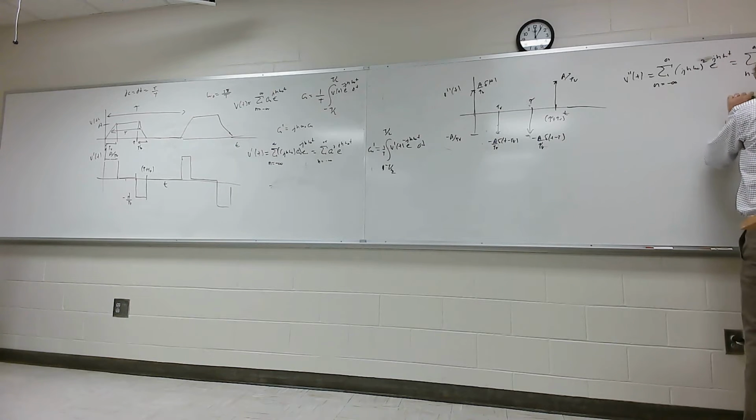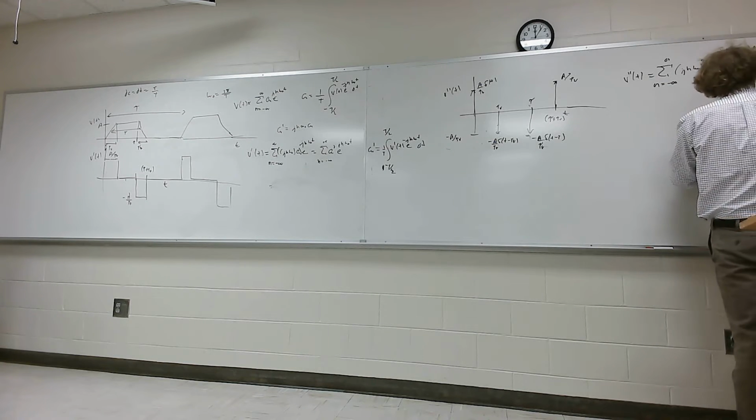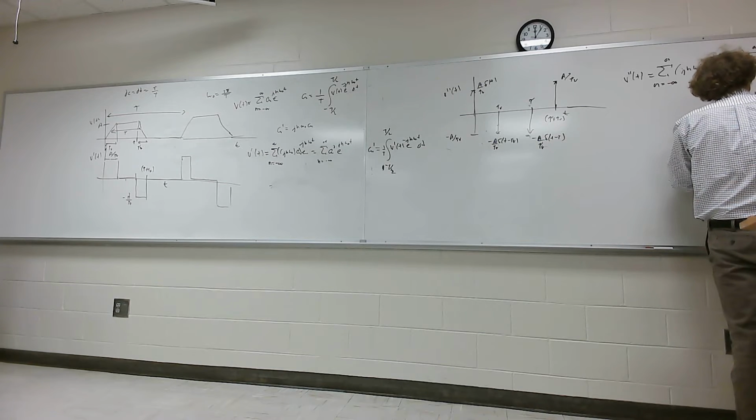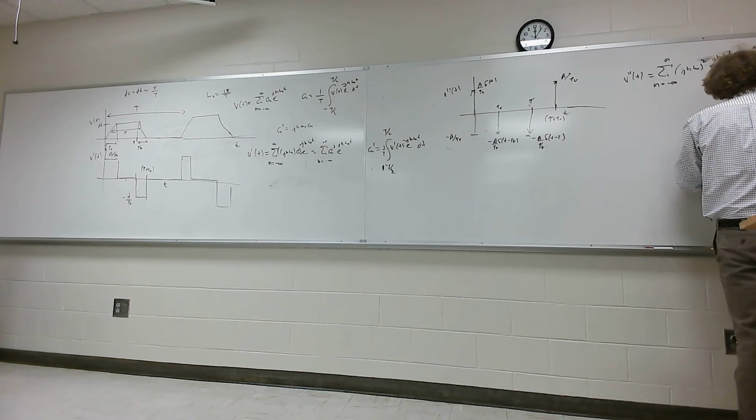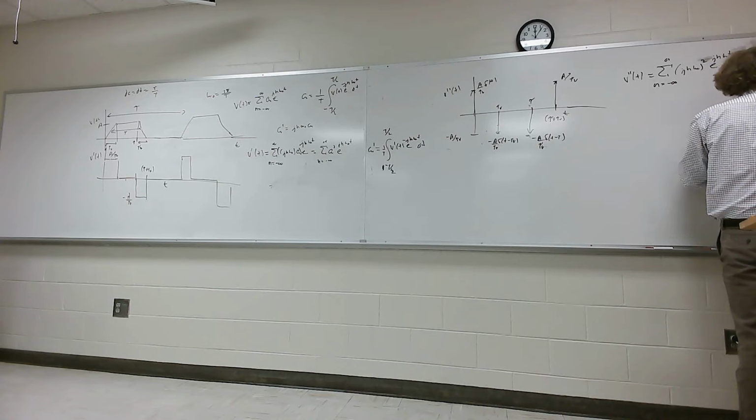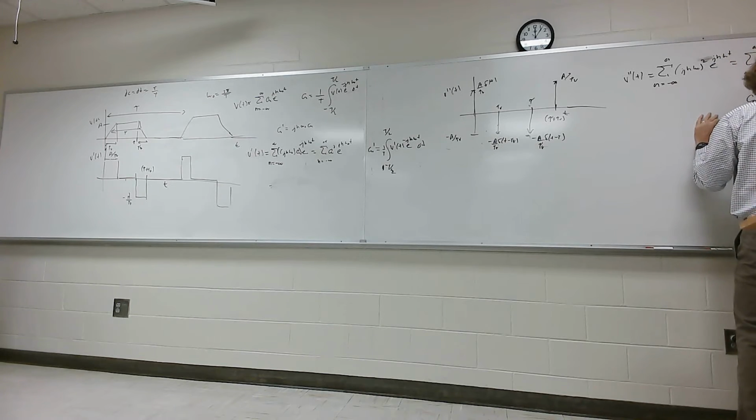And here, my c of n double prime is equal to 1 over T, the integral from minus T over 2 to T over 2 of v double prime of t times e to the minus jn omega naught t dt. And of course, c of n double prime is equal to jn omega naught, squared, times c of n.